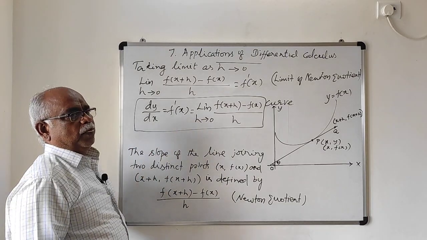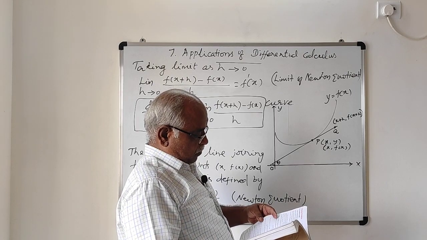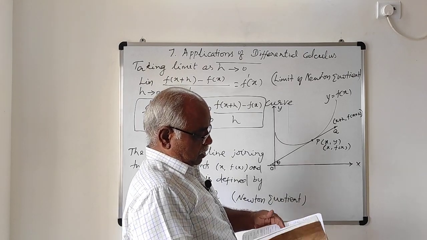This is also called the slope of the curve at the point.